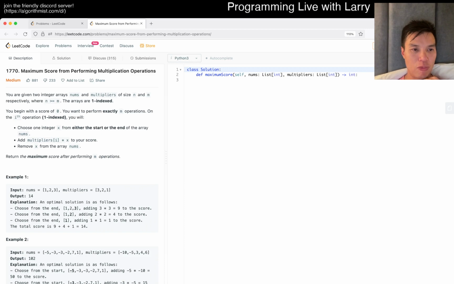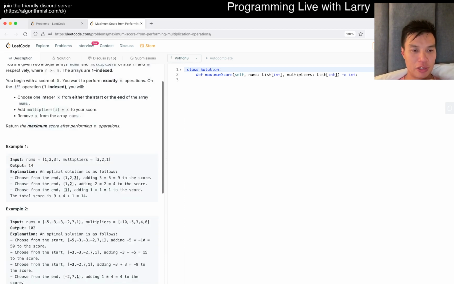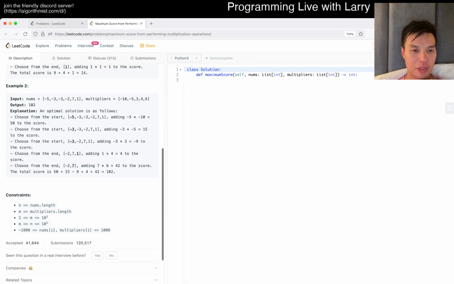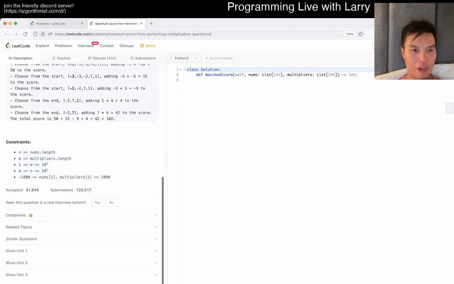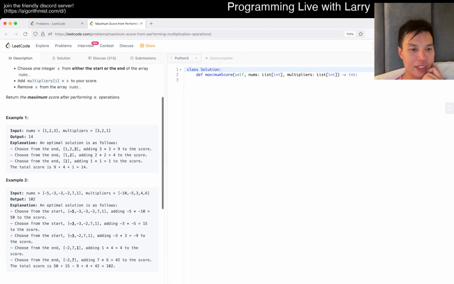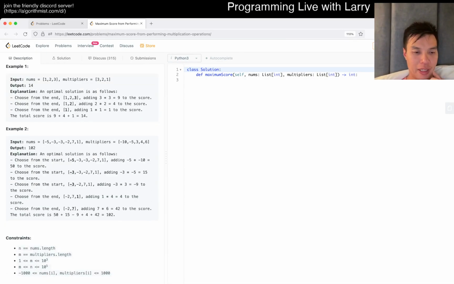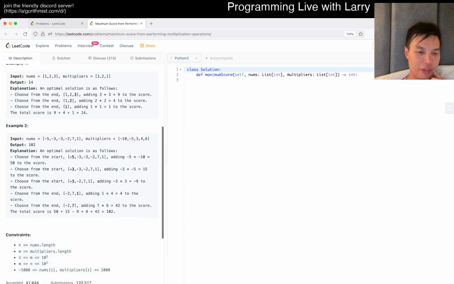On each operation, you take the beginning or the end. Return the maximum score after m operations. So I think this is probably just going to be DP is what I'm thinking of.